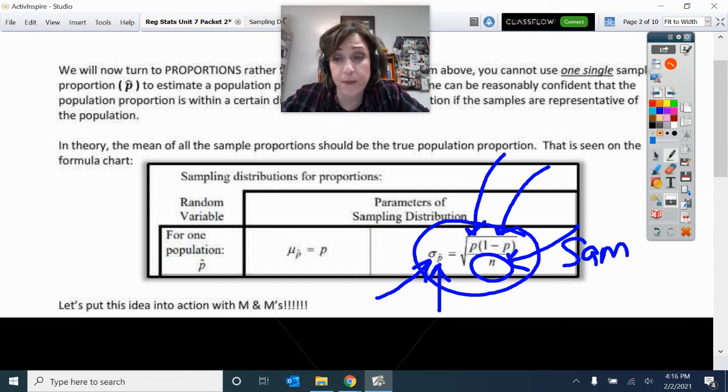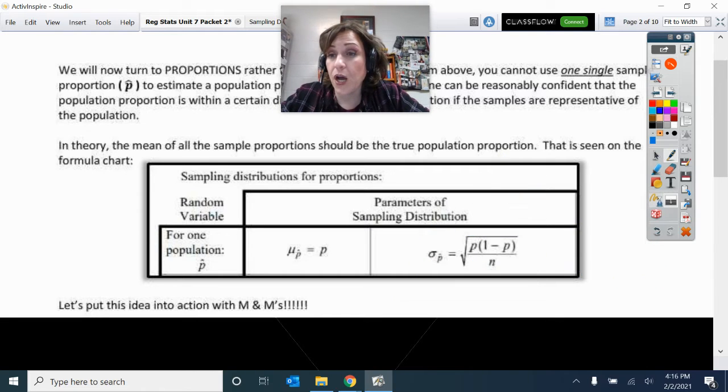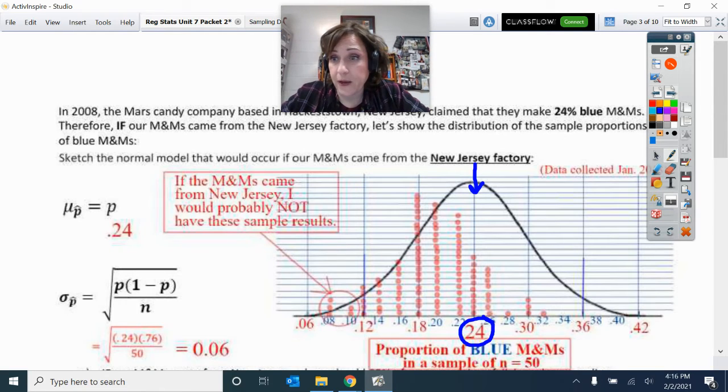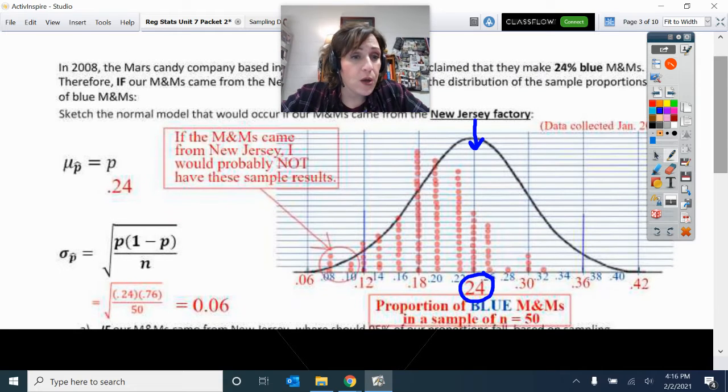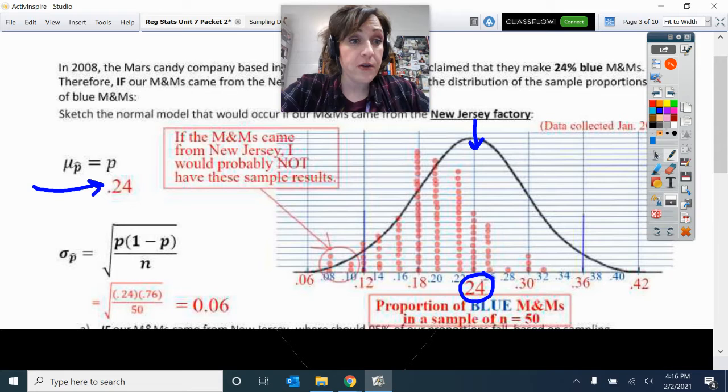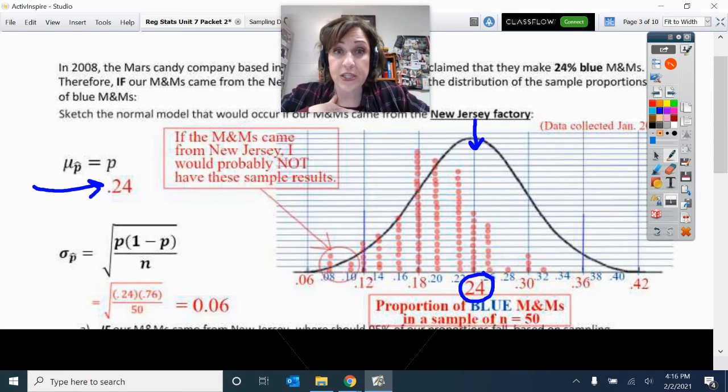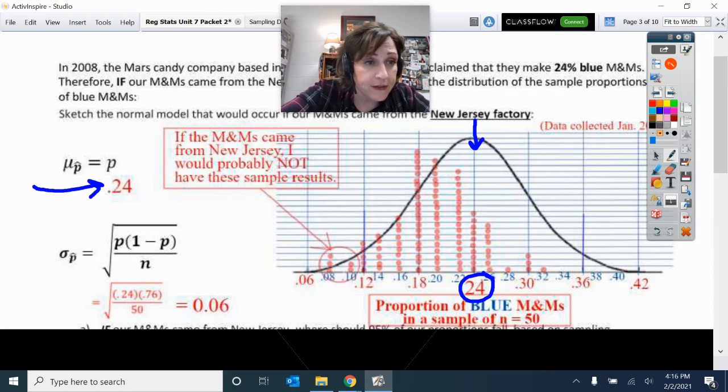So what size sample did we have in our M&M's lab? We had size 50. All right, so we put these numbers in here. Of course, if our data came from New Jersey, it's centered at 0.24. And here I did the math.